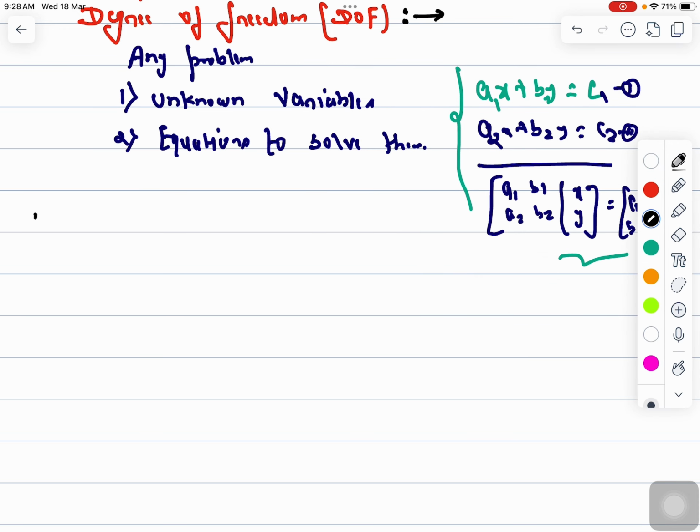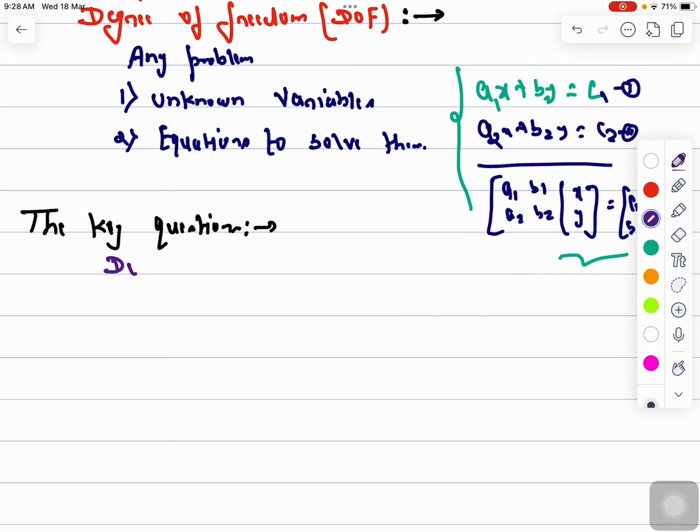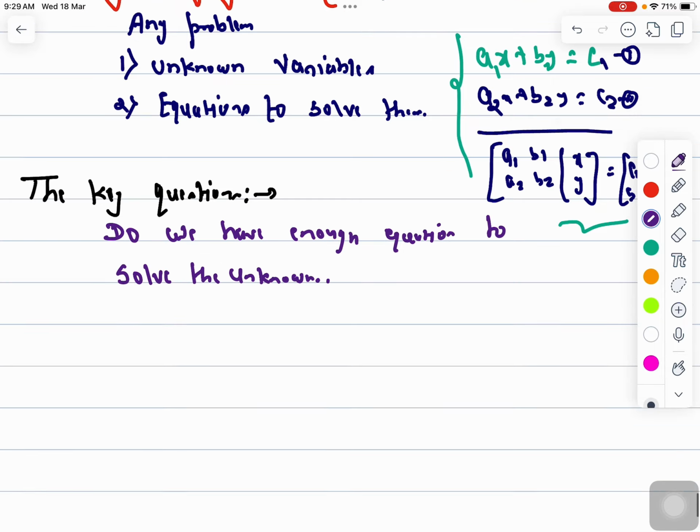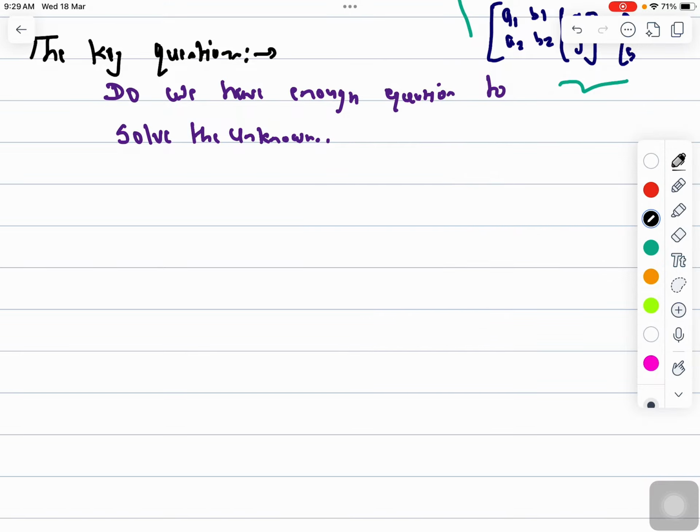So the key question that we ask here is, do we have enough equations to solve the unknowns? Then there comes the degree of freedom concept.